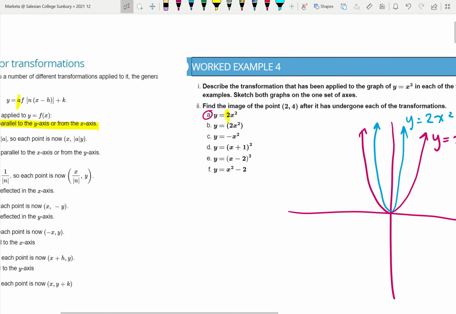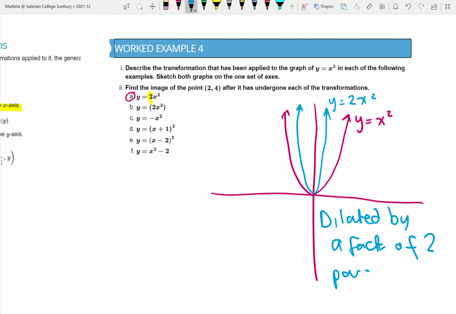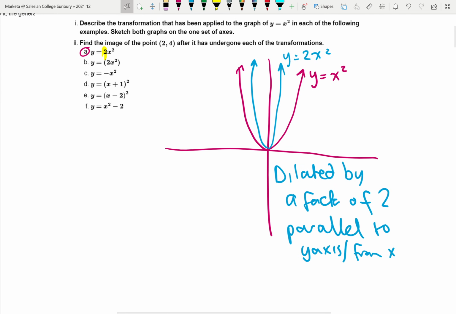I'll write both just so that we know that either one is fine. So dilated by a factor of 2 parallel to the y-axis or from the x-axis.